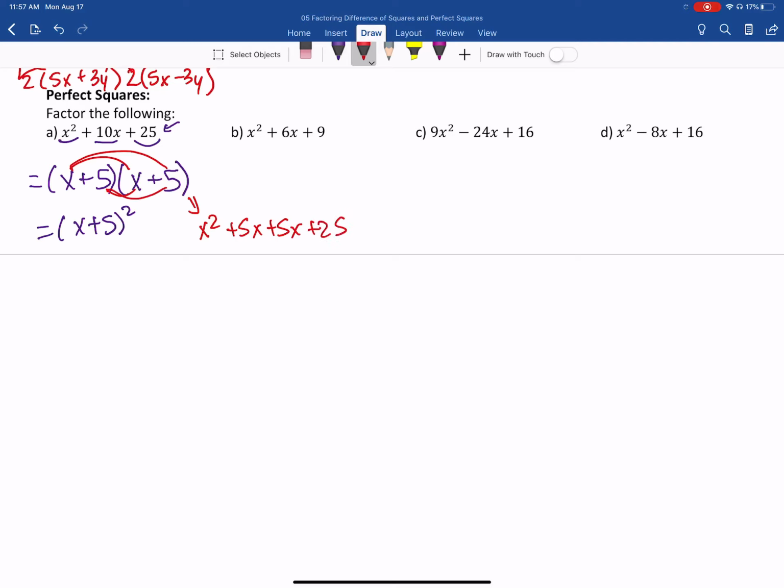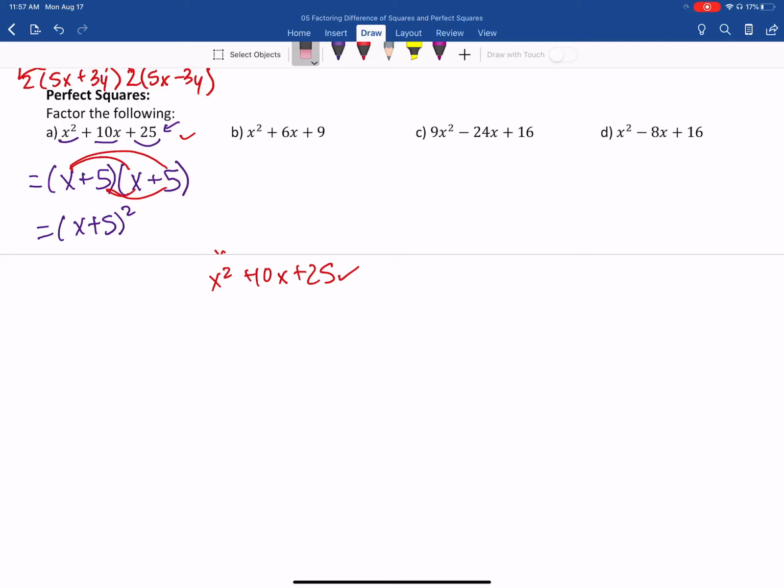Oh, well, I know that that's x squared plus 10x plus 25. So obviously I got it right because I expanded it. Now I say in theory because you could still make math mistakes everywhere. A simple multiplication error can change everything, but that's what I mean by in theory. You can always just double check to see if you factored it properly.